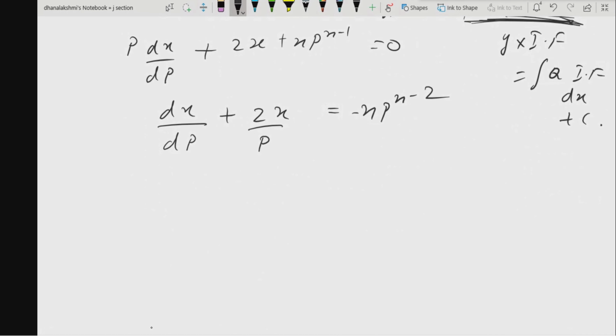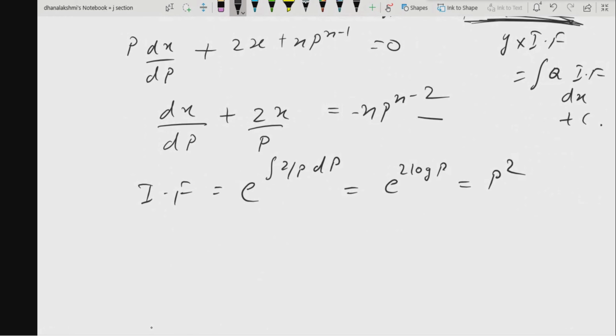So first you will write this is a linear differential equation in x, and its integrating factor will be given by e to the power integral 2 by p dp. Is it or not? So you will get e to the power 2 log p, which is nothing but p square. So this is the integrating factor. Let this solution be 2.